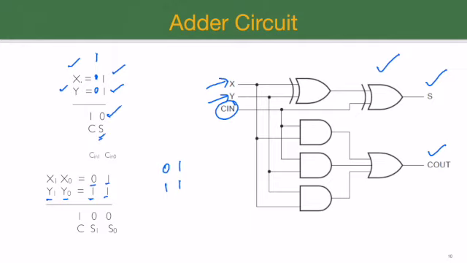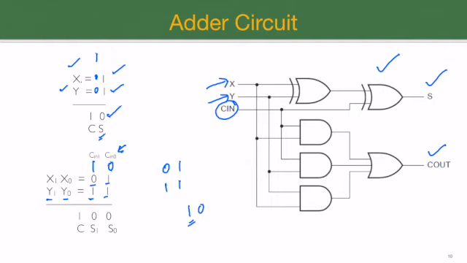On the least significant bit, this C in value will always be 0. So I'll add 1 into 1. My result is 0 with 1 carry. Then I add 0 into it, the result remains same. So I have a 0 as S0 output, and my carry goes here. This carry will move up here.